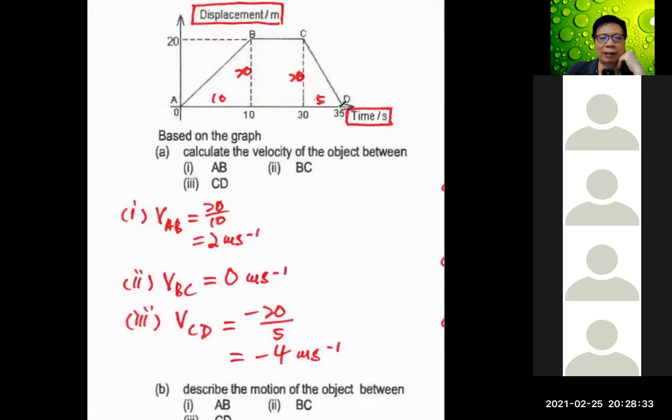So it's 20 divided by 5. Always take y divided by x. Put the negative yourself because this gradient is negative. So you can answer -4 meters per second. Negative means it's moving in the opposite direction. This one is moving away, this one is coming back. So in the opposite direction, that's why negative. Okay? Can I understand now?